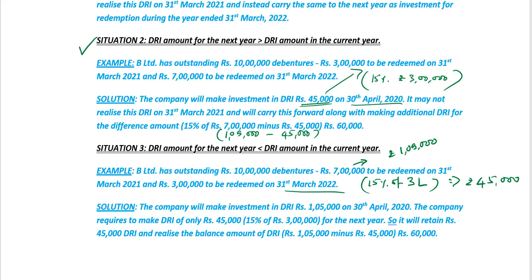So it will retain rupees 45,000 DRI and realize the balance amount of DRI, rupees 1,05,000 minus rupees 45,000, rupees 60,000 on 31st March 2021.